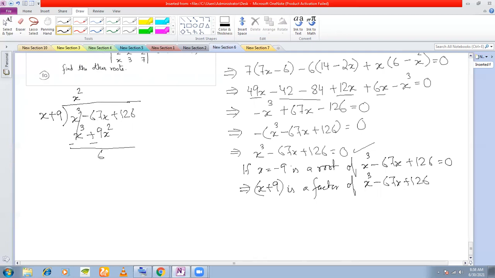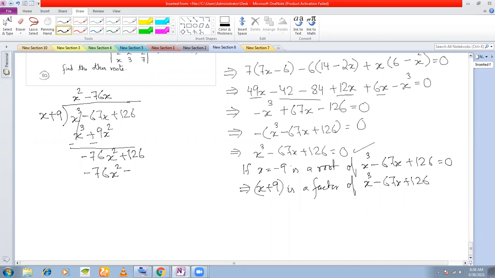So that means this is going to give you minus 76 x square plus 126, right? So now you multiply this by minus 76x. So you get minus 76x square. And how much is 76 into 9?